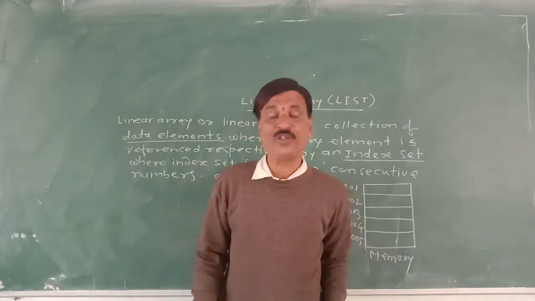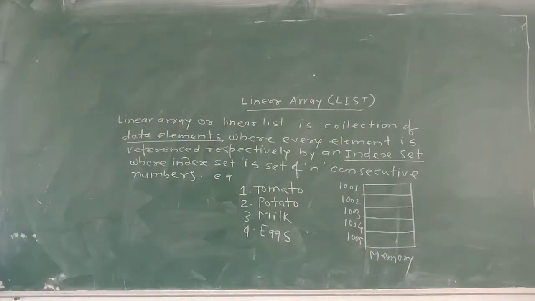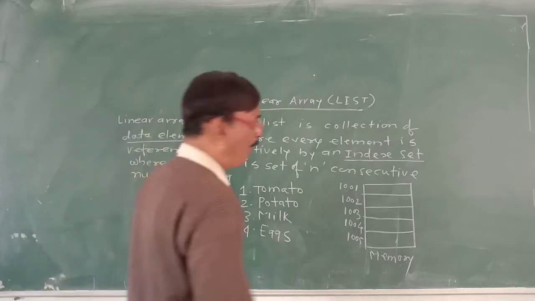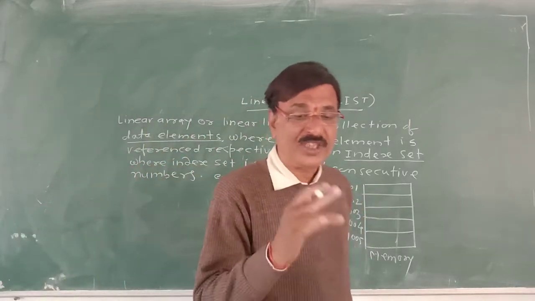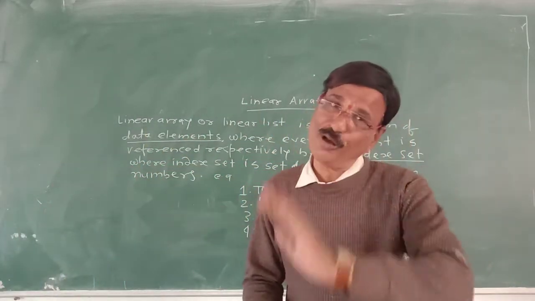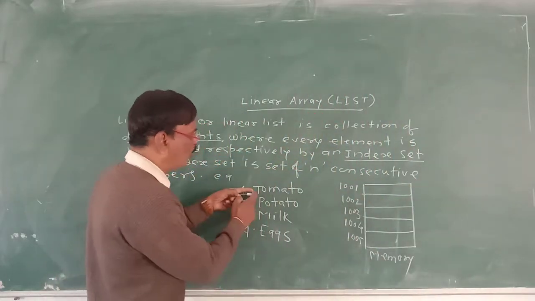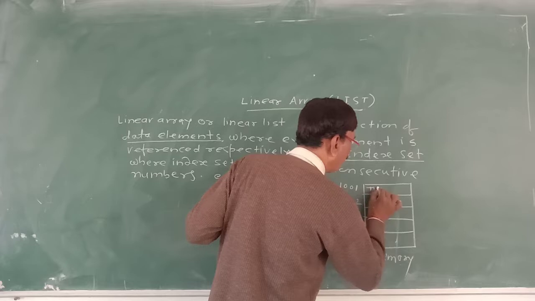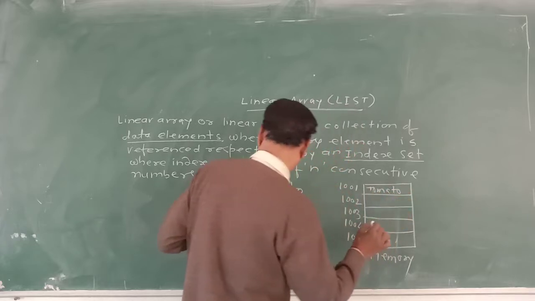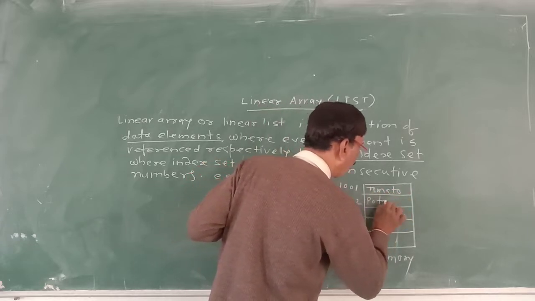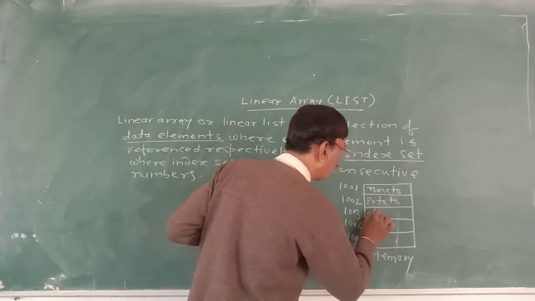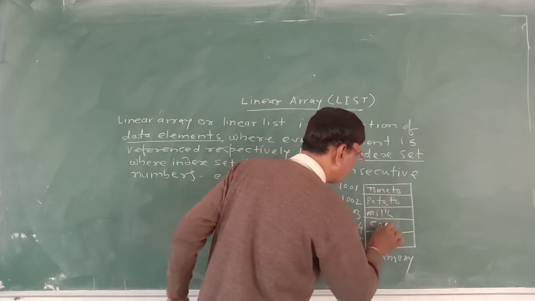Thus, the definition of memory, we can say, memory is simply a sequence of addresses and memory locations. Then to prepare the list, simply store the elements in consecutive memory locations: tomato, potato, milk, eggs.